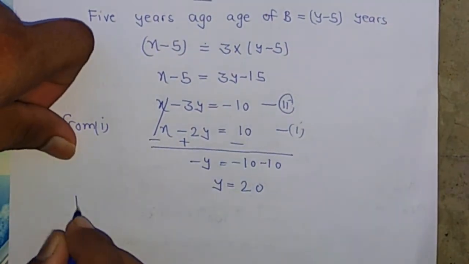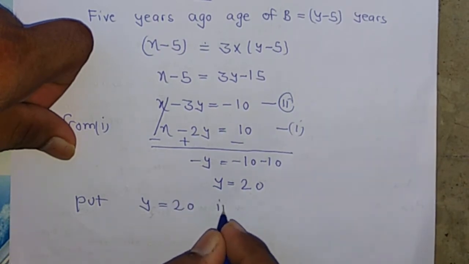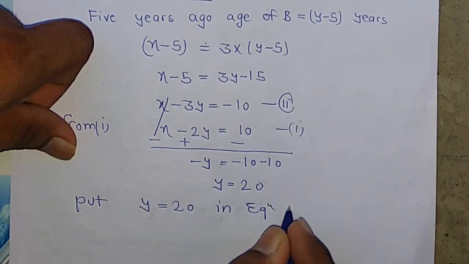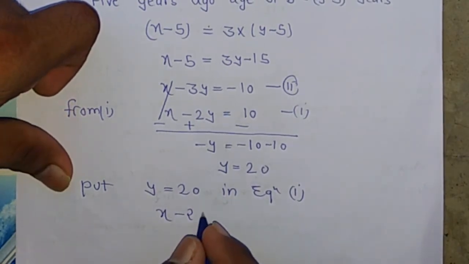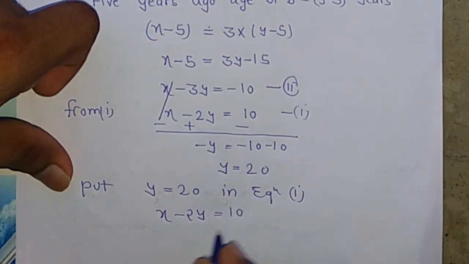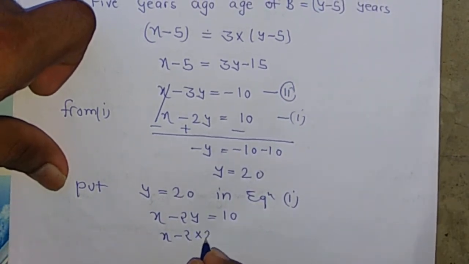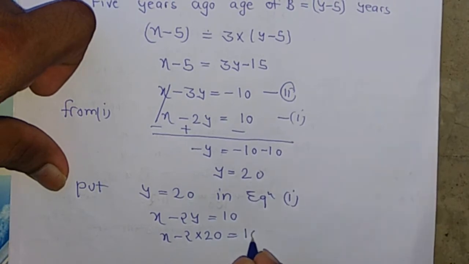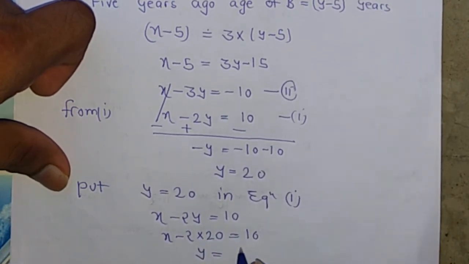Put Y equal 20 in equation 1. We have X minus 2Y equal 10, means X minus 2 into value of Y, which is 20, equal 10, then X equal 40 plus 10, 50.